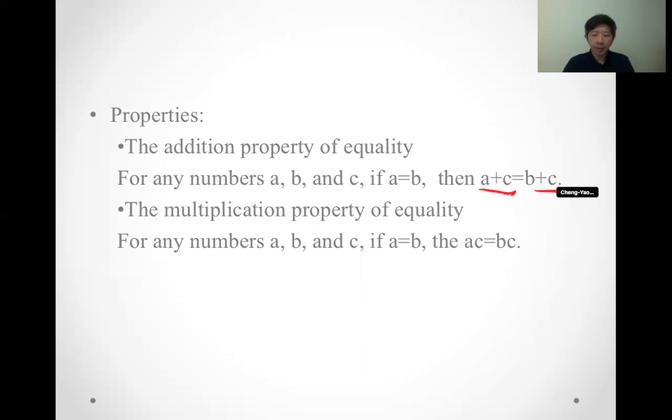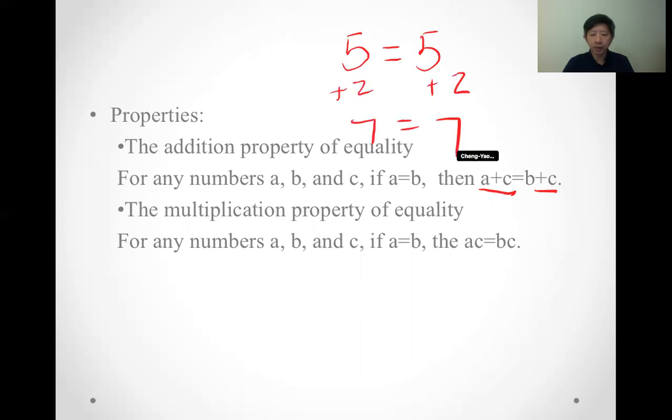Let's say A is 5 and B is 5. All right, they are equal, right? Therefore, if I add 2 to this side, and add another 2 to the other side, I get 7 equals 7, right?